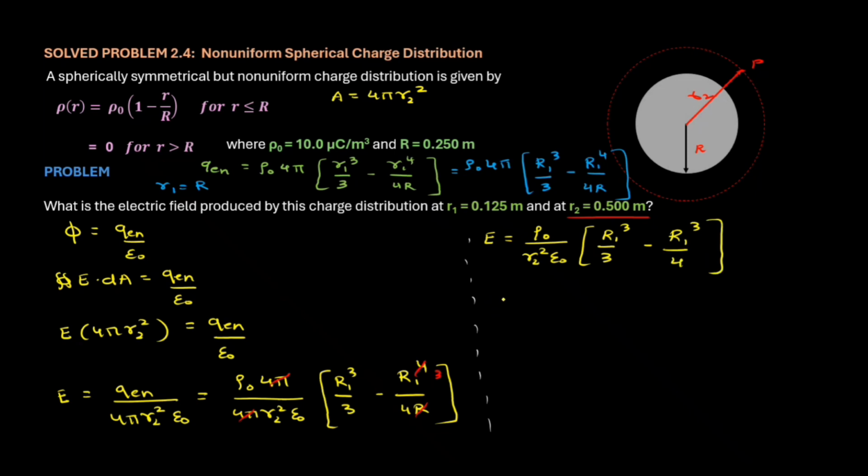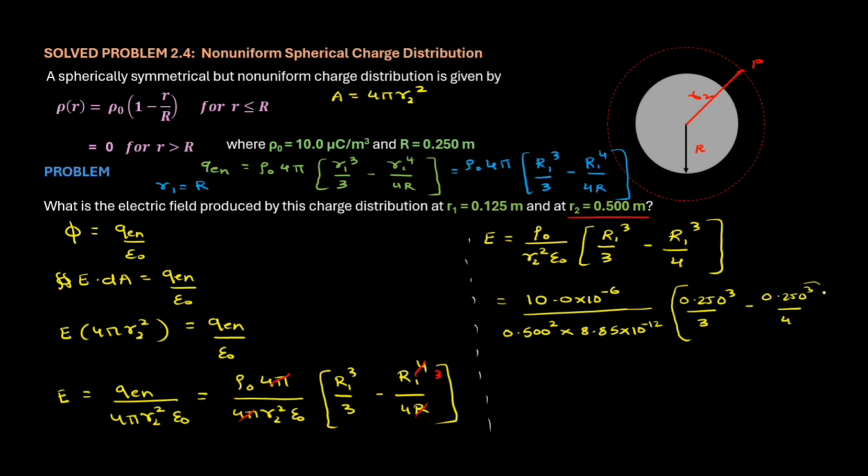Now substitute the values. Rho naught is again 10 microcoulomb per meter cube, so 10 times 10 to the power negative 6. R2 is 0.500 squared. Epsilon naught is 8.85 times 10 to the power negative 12. Radius of the sphere is 0.250 cube by 3 minus 0.250 cube by 4.